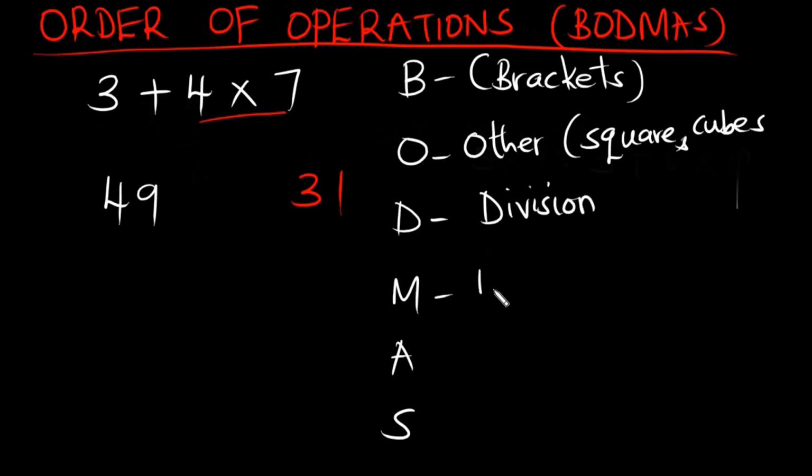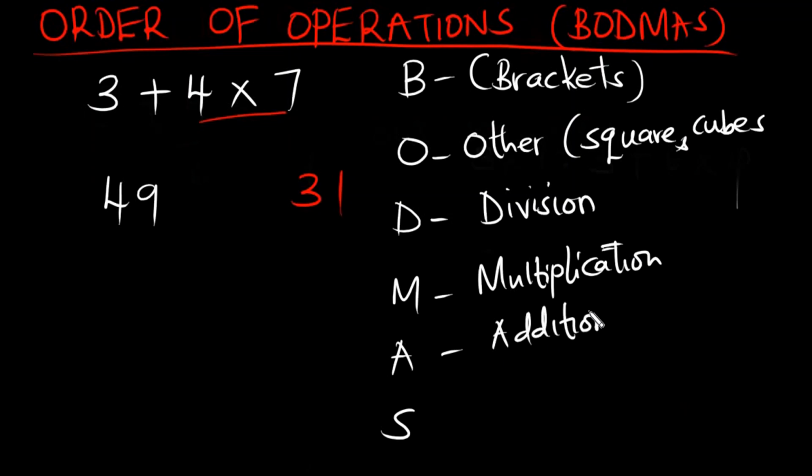M stands for multiplication. Then A stands for addition. And finally S stands for subtraction. So that is the order that we're supposed to follow when we're working out such questions.